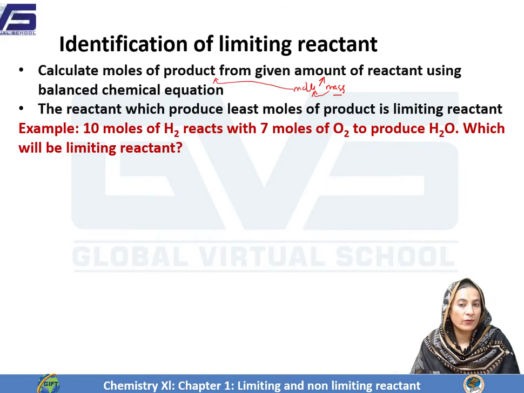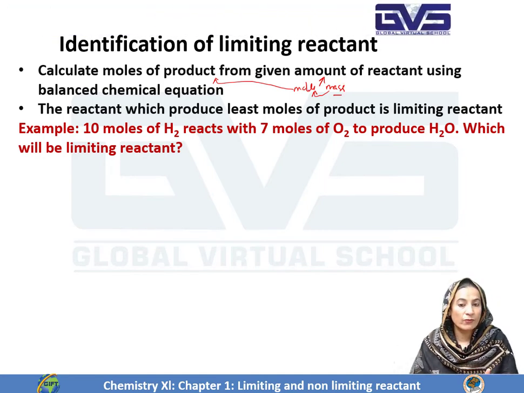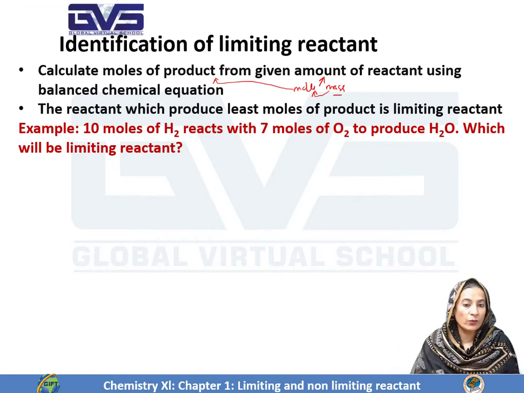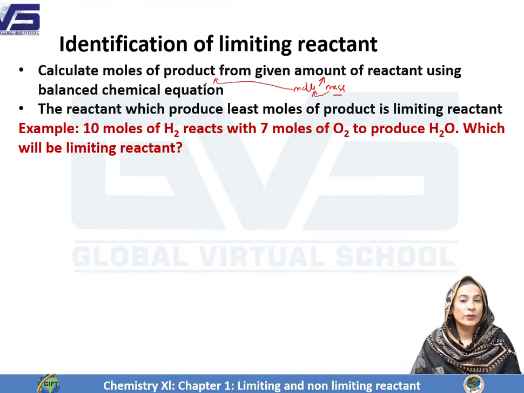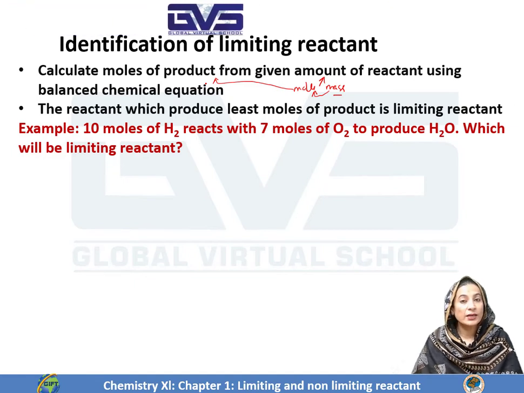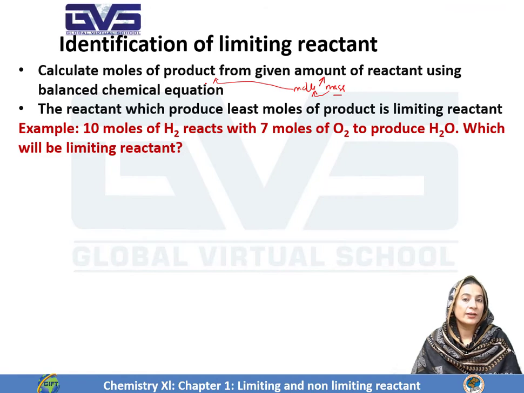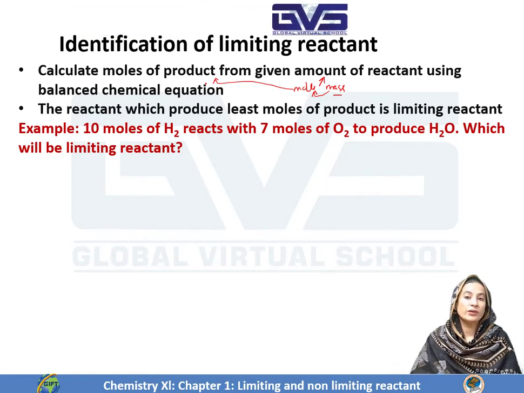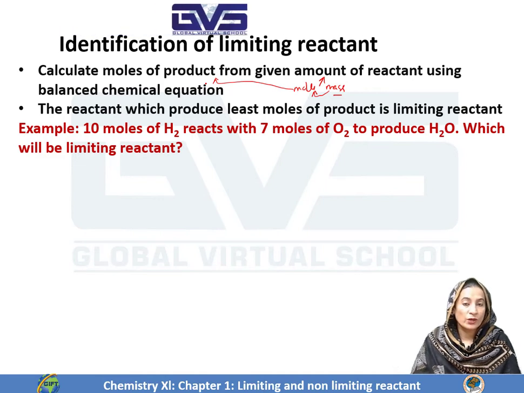If given in the form of mass, first convert them into moles. Then, with the help of the moles of reactant, calculate the moles of product. Second step: observe which reactant is giving the least moles of product. That will be the limiting reactant. The reactant which gives more moles of product will be the excess reactant. So now this will be clear.